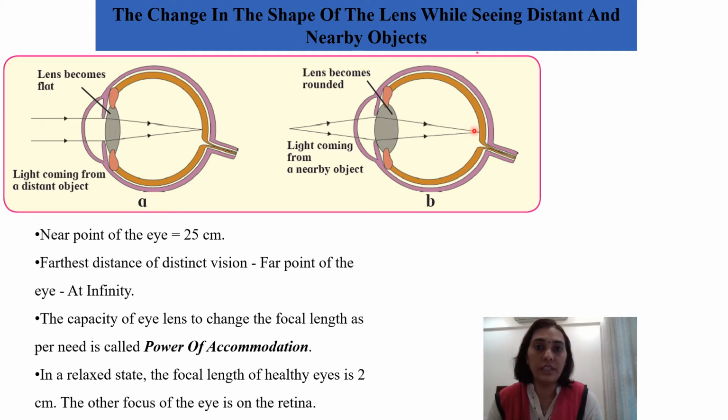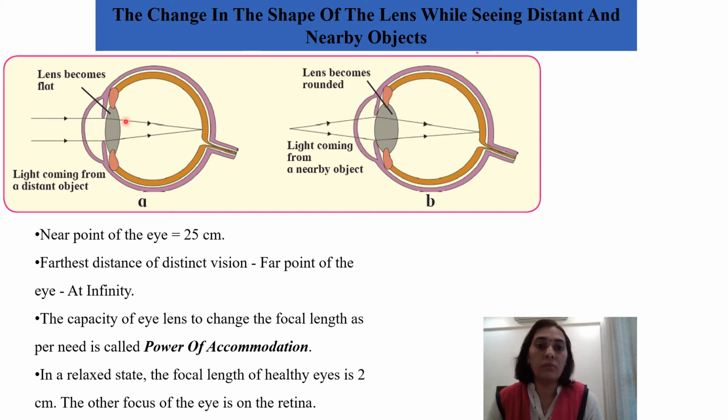The focal length decreases and we can see nearby objects clearly. The lens becomes rounded or bulged out, the curvature of the lens increases, and the focal length decreases. Again, the second focus F2 is on the retina and the image is formed on the retina.